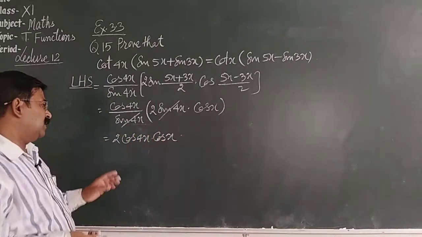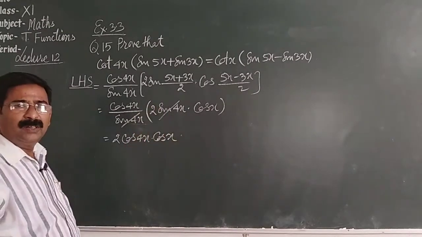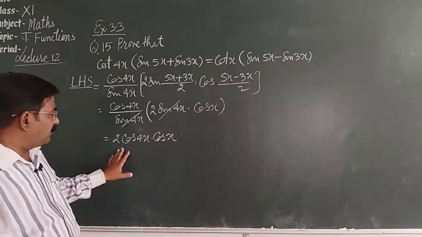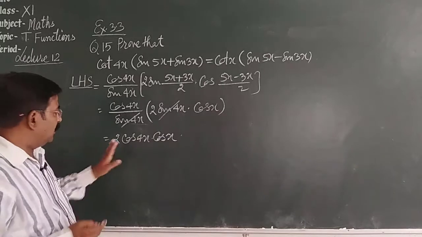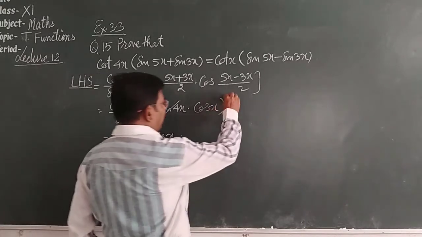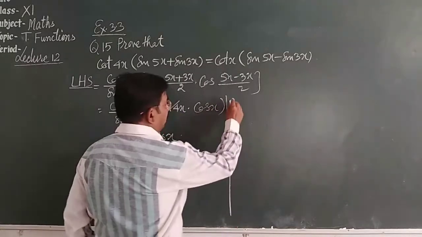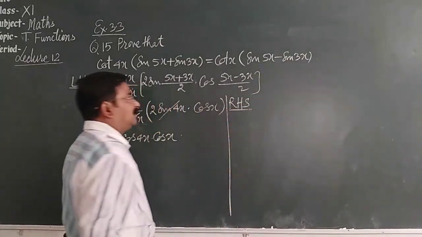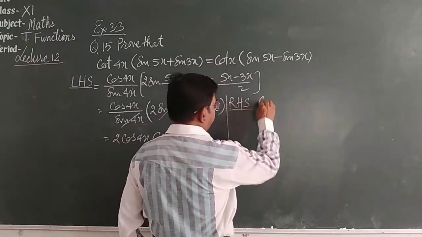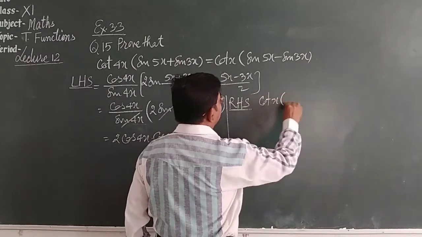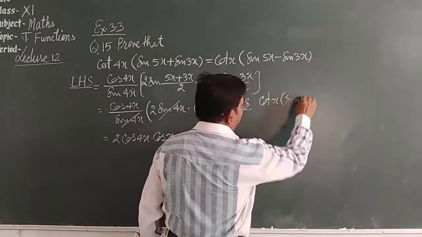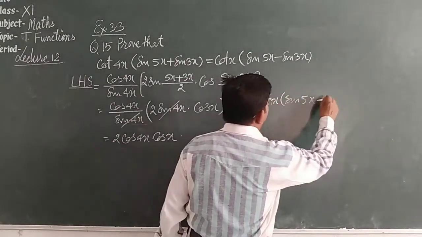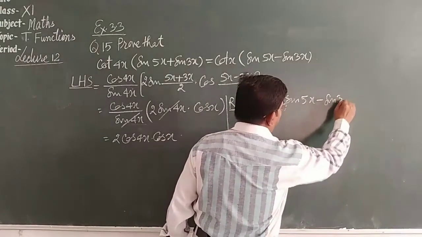After this, we can apply the formula, but best way, if we don't have any idea, leave this much and come to the right hand side. See, take the right hand side. I am taking cot x, this is sin 5x minus sin 3x.